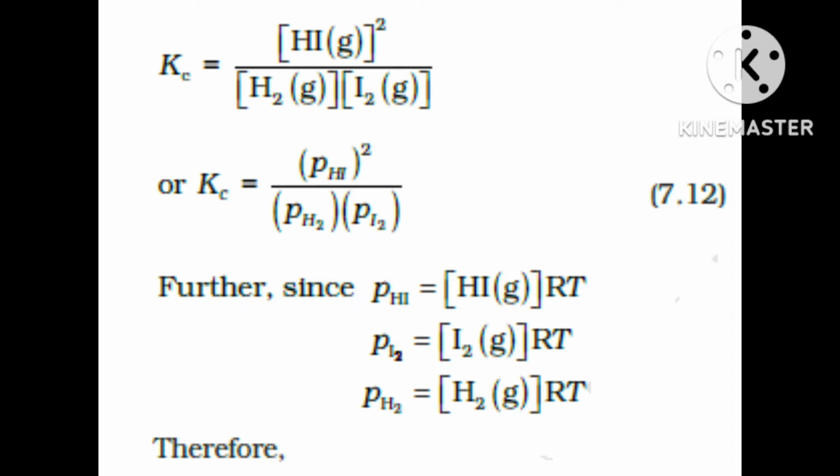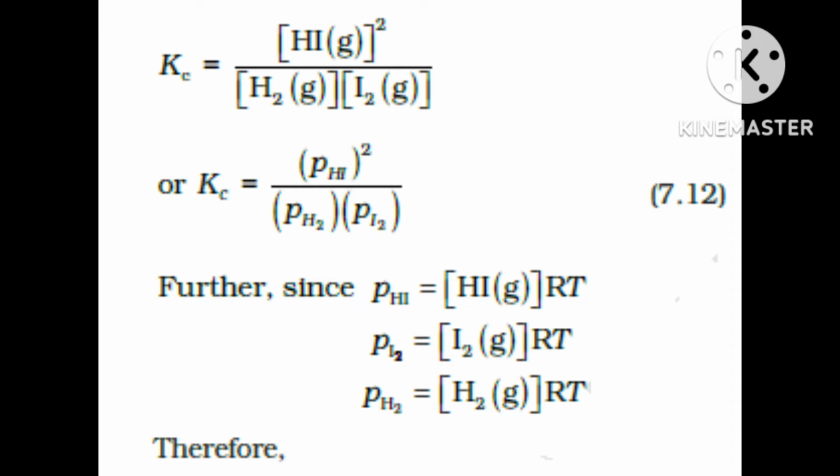Kp is equal to pressure of HI power 2 divided by pressure of H2 into pressure of I2. In the place of Kc you have written Kp.